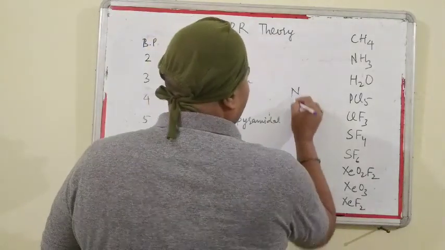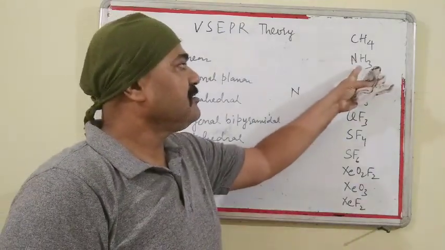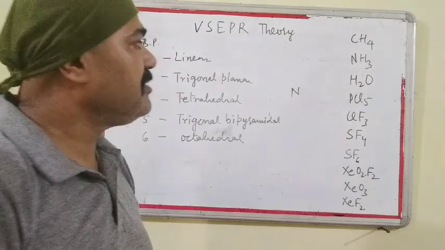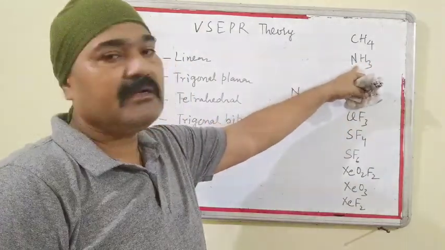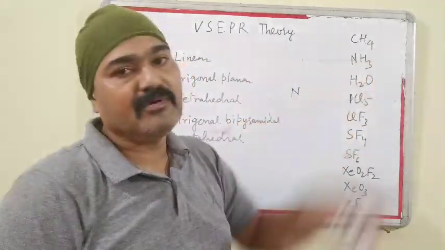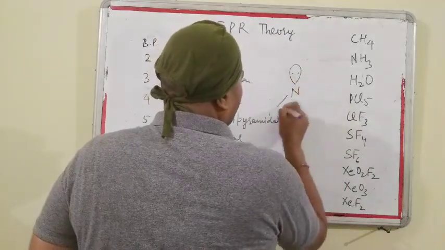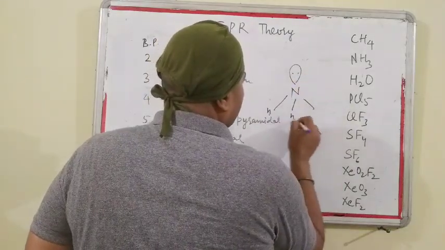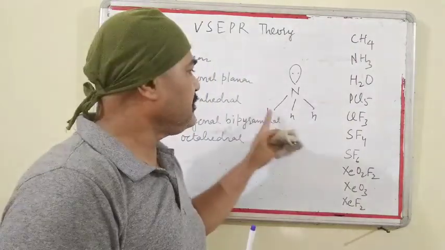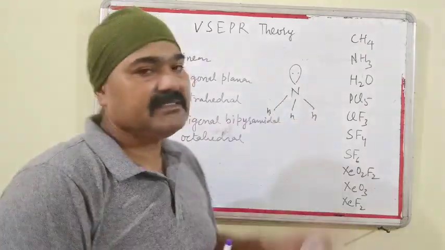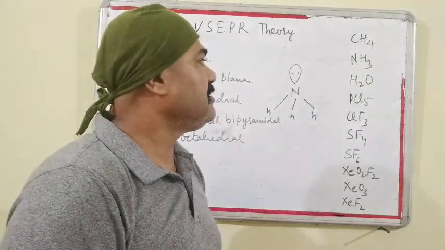So the hybridization is again sp3, because the total number of electron pairs is 4, that is the bond pairs and the lone pair. One lone pair is on the nitrogen and 3 bond pairs. But the shape is decided by the bond pairs only, so the structure of ammonia is pyramidal.